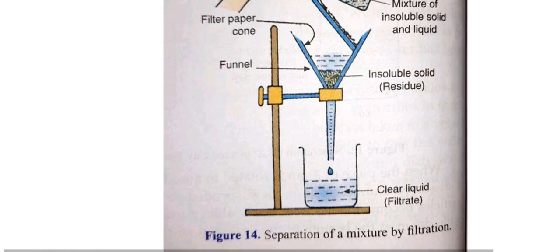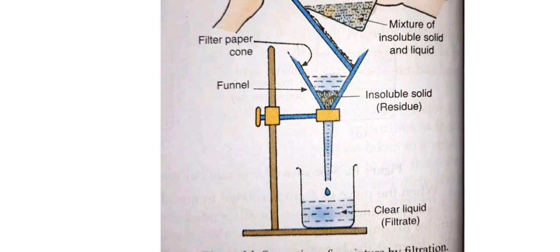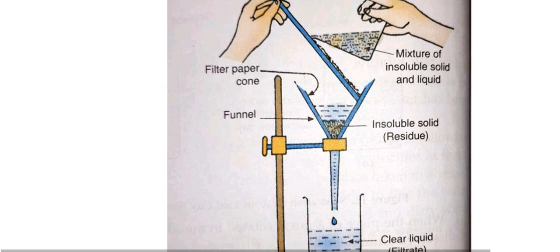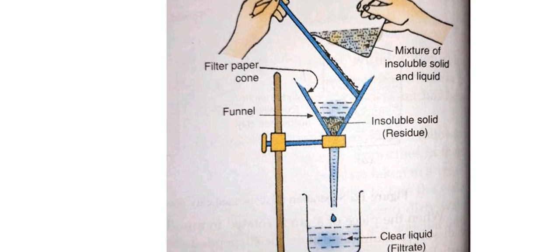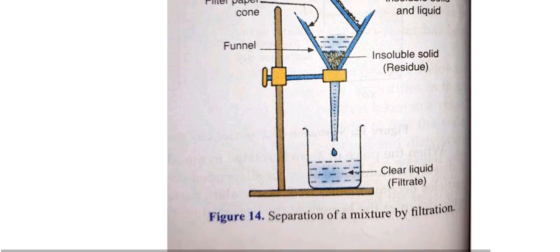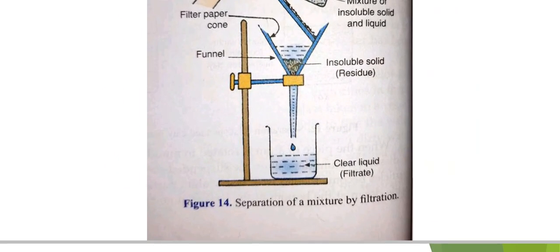See, again I will show you this figure. When you pour that water slowly into the funnel in which the filter paper cone is kept, that water will go down, and slowly that clear water will be collected in that beaker.